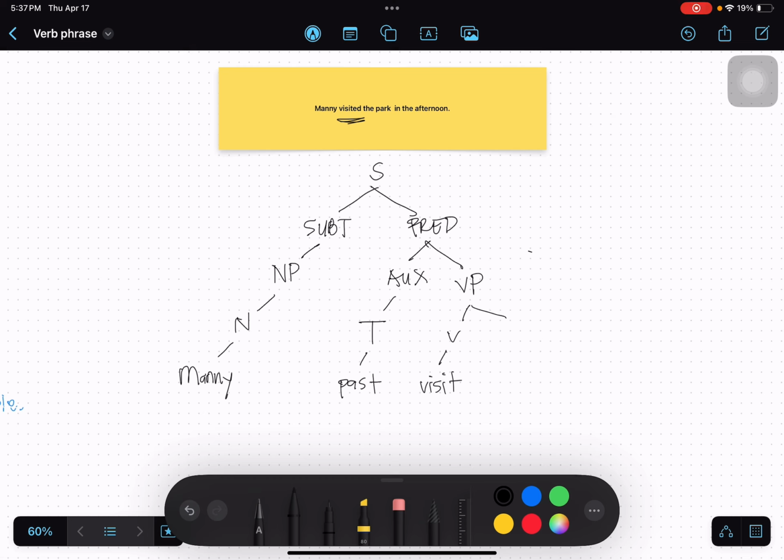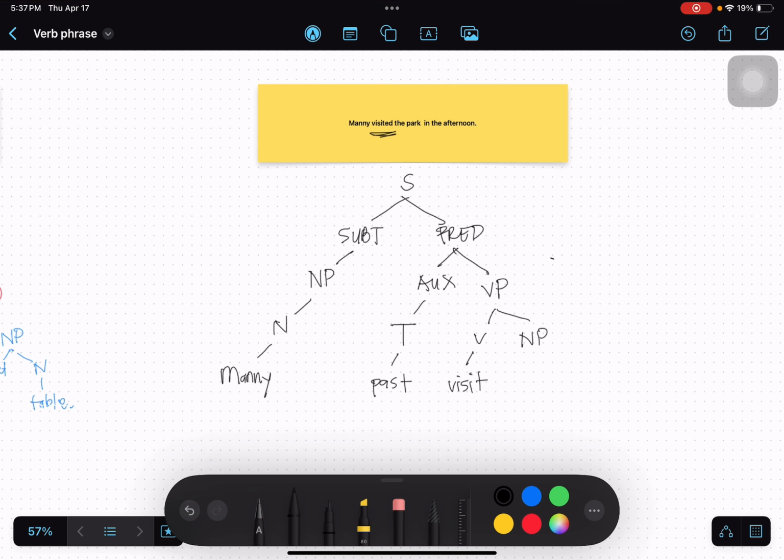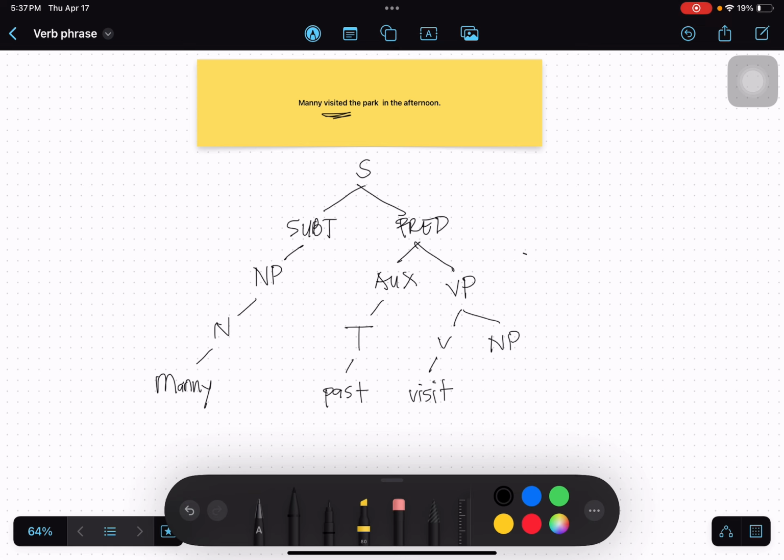So, in this case, we have here NP. And then, here, the NP is actually for the park. They have the det, art, the, and then we also have here the noun, park.